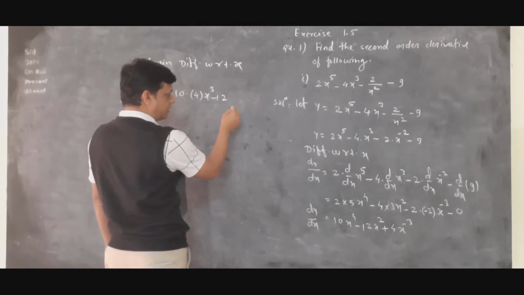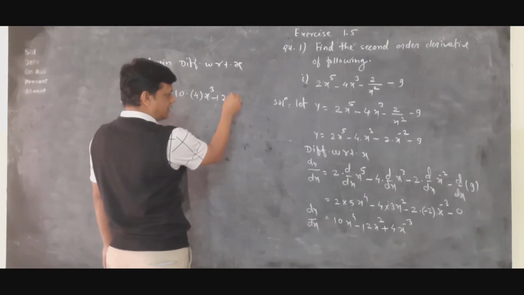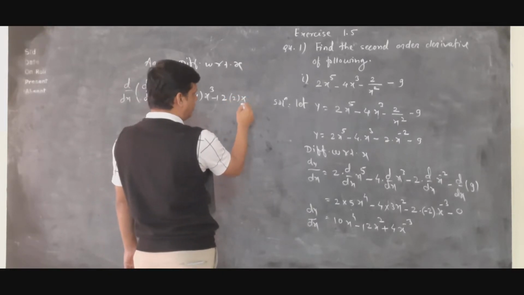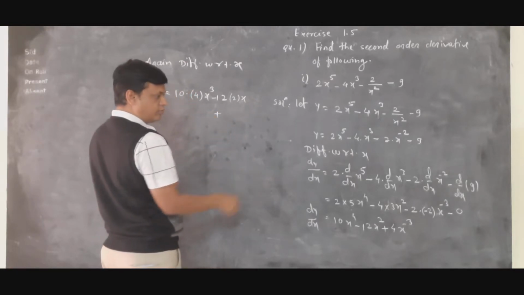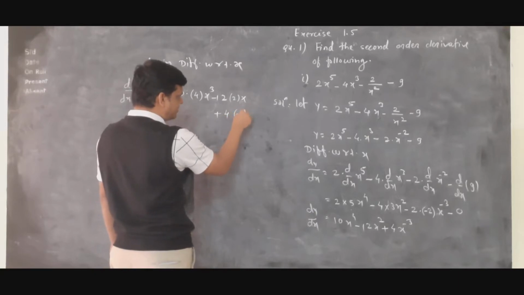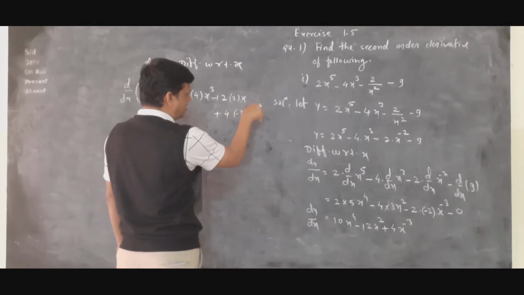So we write here derivative of x square as 2 into x, derivative of 4x raised to the power minus 3. So write 4 into minus 3 into x raised to the power minus 4.